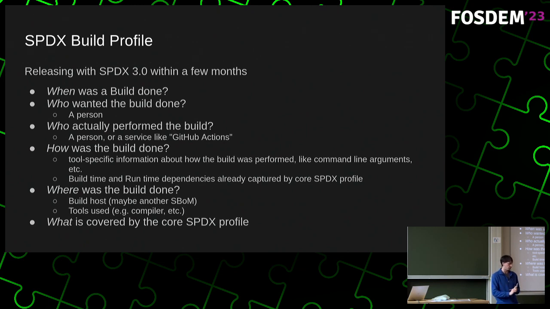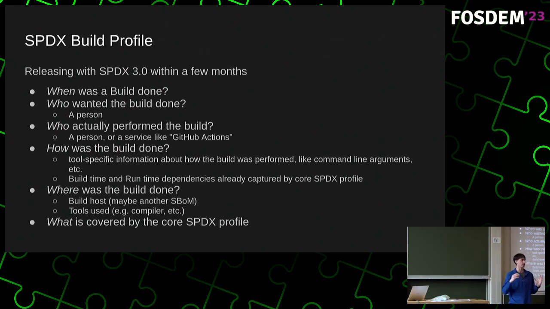So how the build was done, so this is going to be tool-specific information about how the build was performed, like the command line arguments or things like that. And it's important to note that the build and runtime dependencies are already captured by the SPDX core specification, so we don't include those explicitly here, but they're already included.